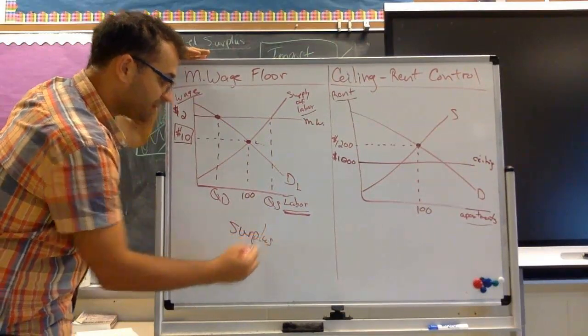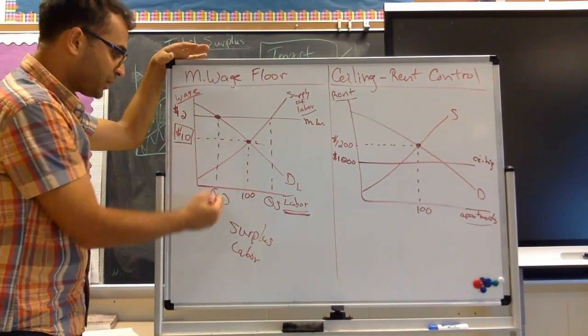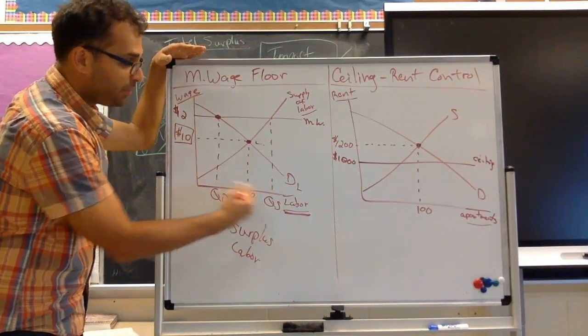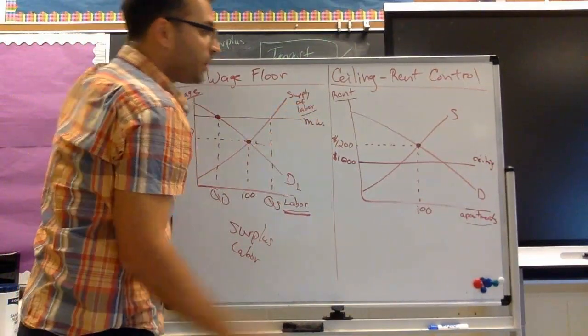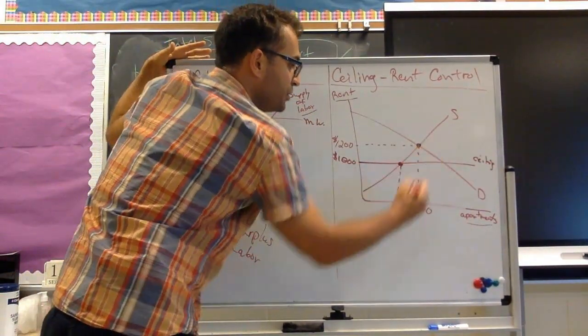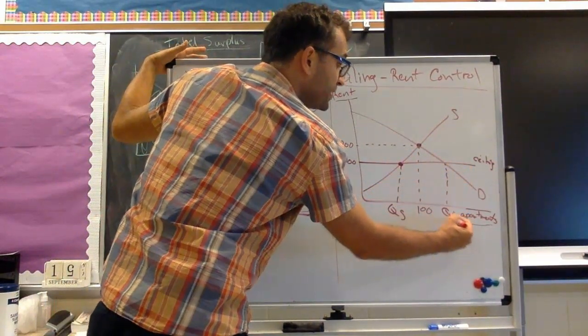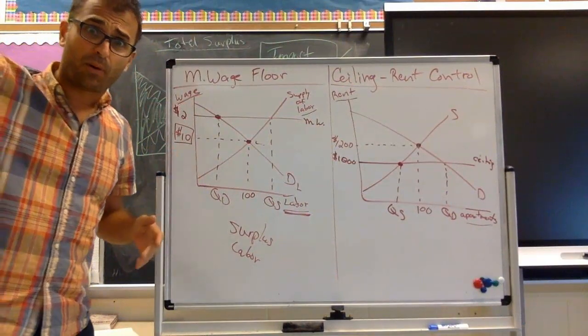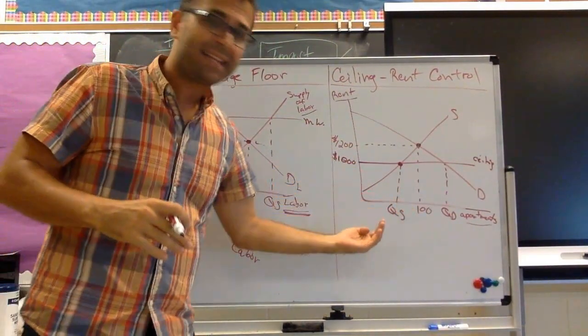But in this case, a surplus of what? Labor. So fewer people are working. They argue that unemployment actually increases. But we're not going to talk about that in this class. Over here, what happens? Well, the same thing. Now you have the QS, which is less than the QD. So all of a sudden, people are like, hey, I want an apartment for $1,000. So more people want the apartment, but fewer landlords are like, you know what?